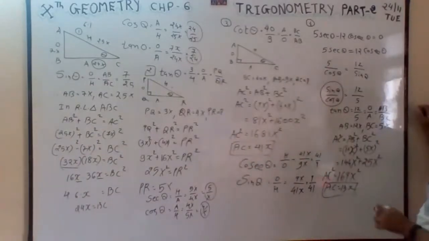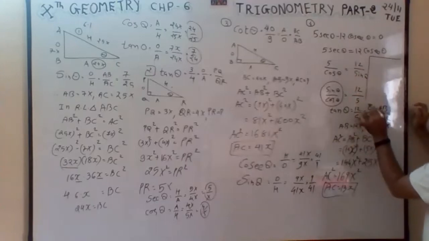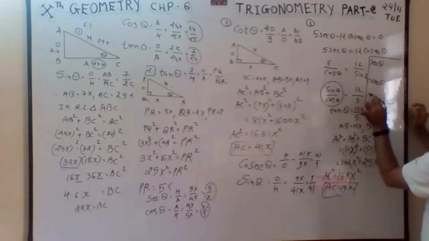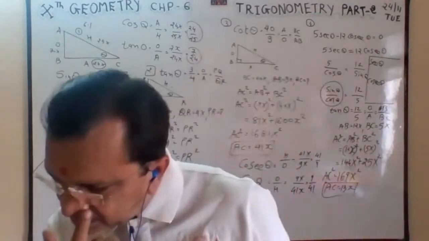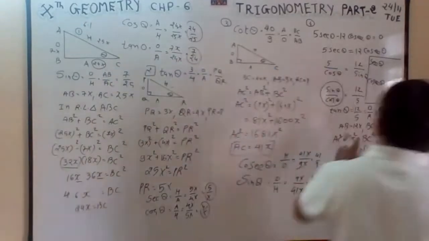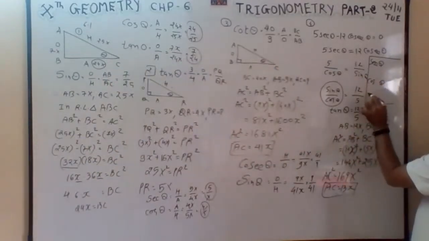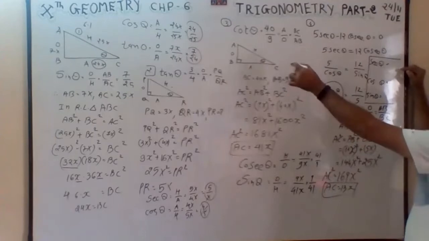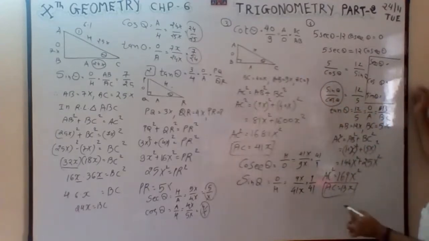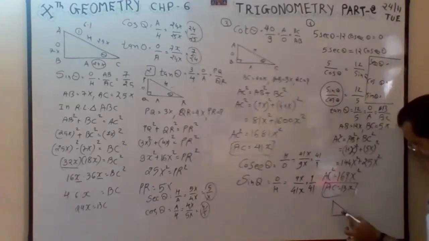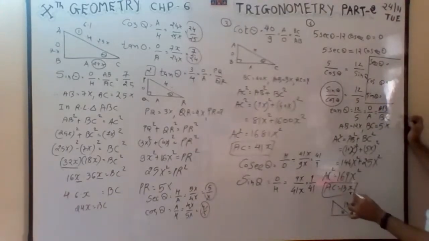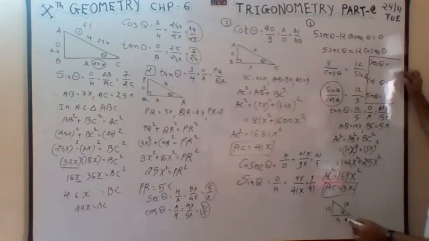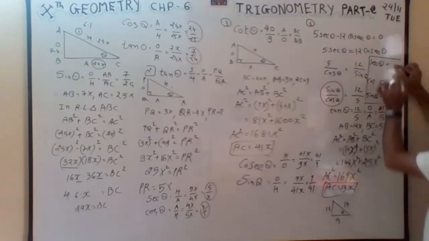So I'll write here sec theta, cosec theta, sine theta. Sec is hypotenuse by adjacent, 13 by 5.